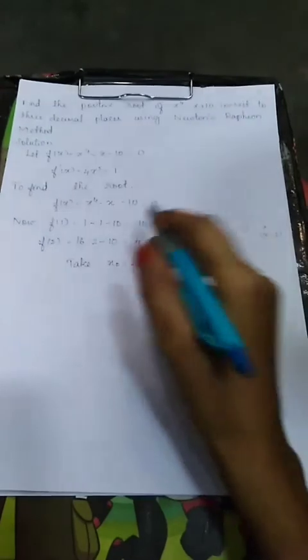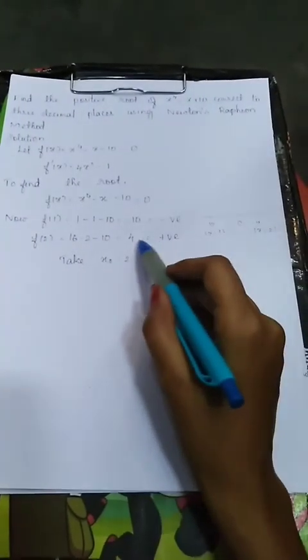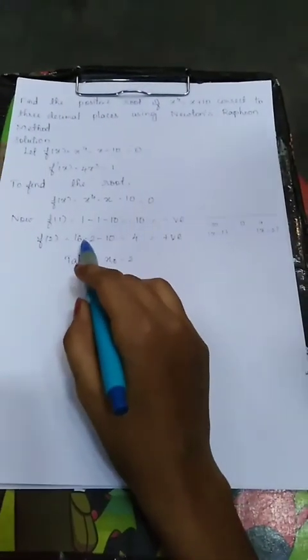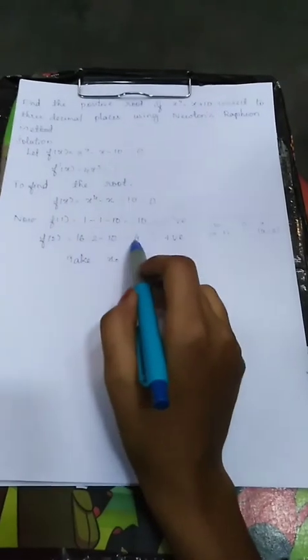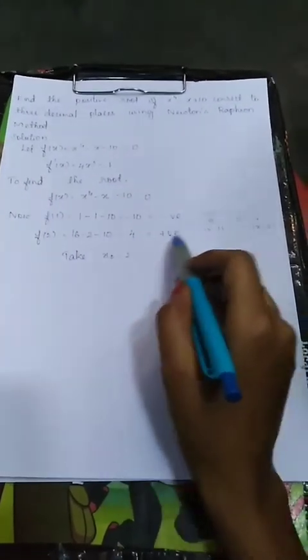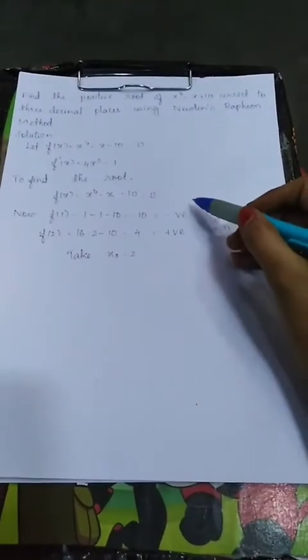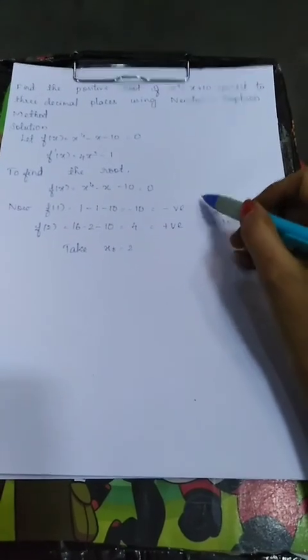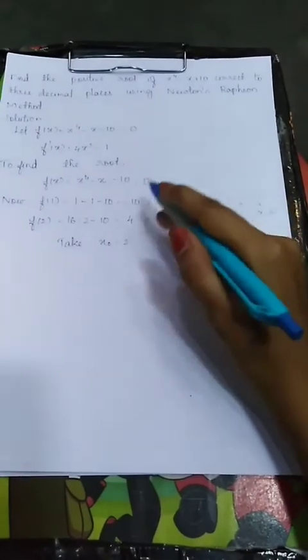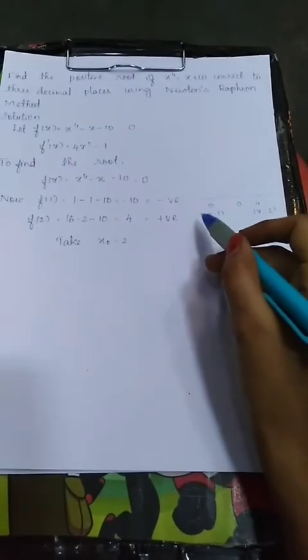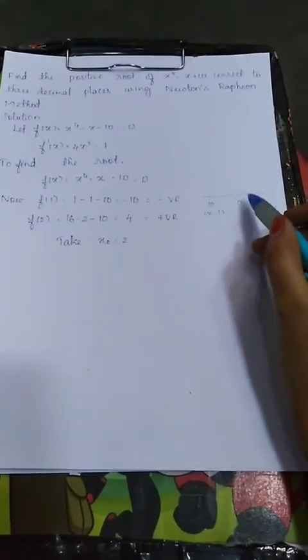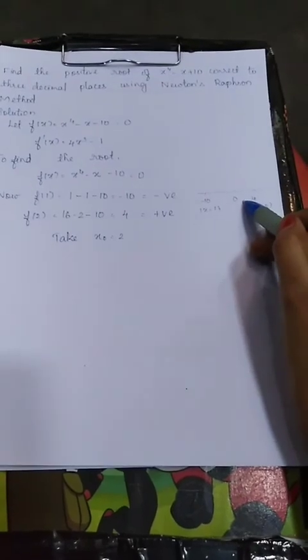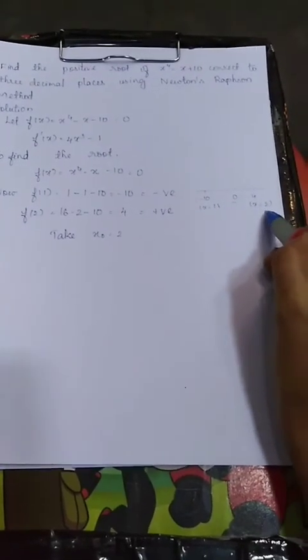Put x = 2: f(2) = 2^4 - 2 - 10 = 4, a positive value. We get a negative value and a positive value of the function, so the process is stopped. We find the root nearest to the point 0. Take x0 = 2.